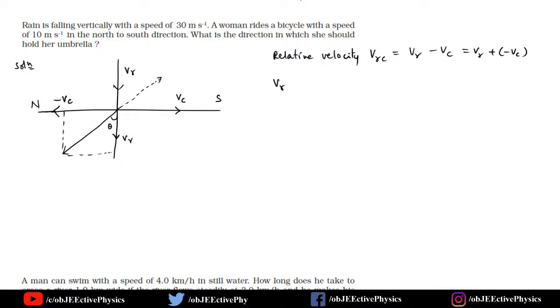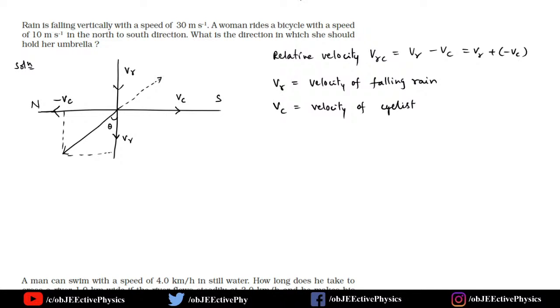Vr is the velocity of falling rain, and Vc is the velocity of the cyclist.